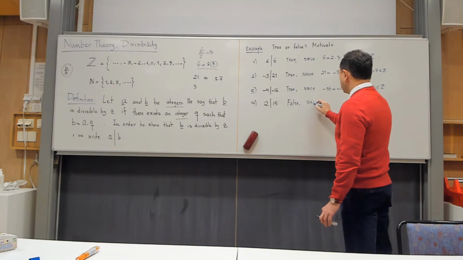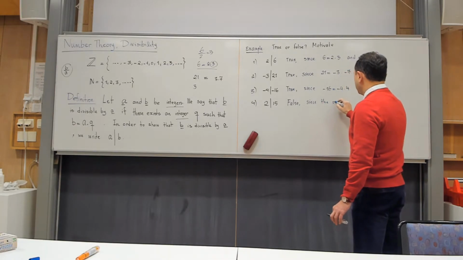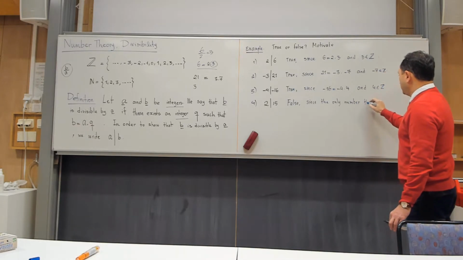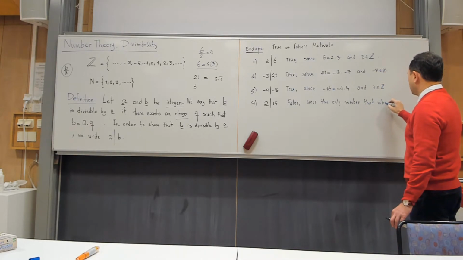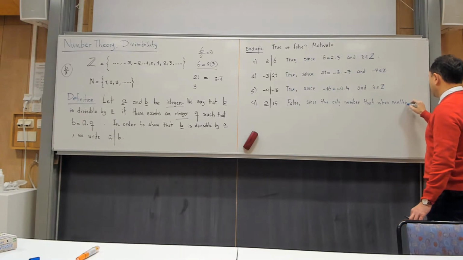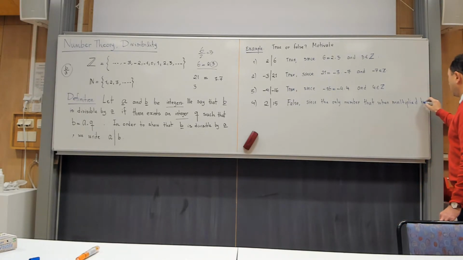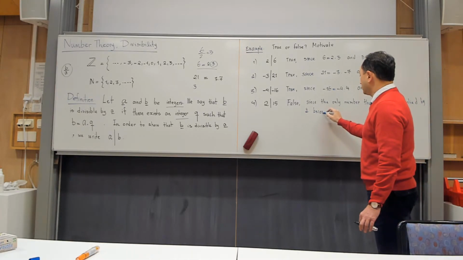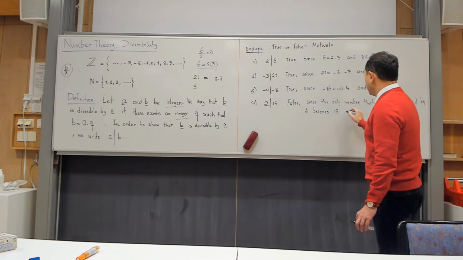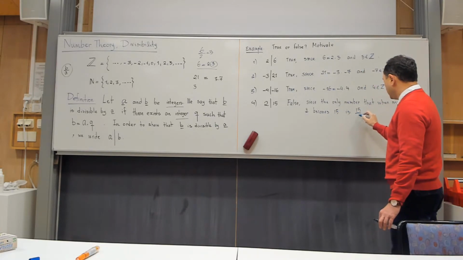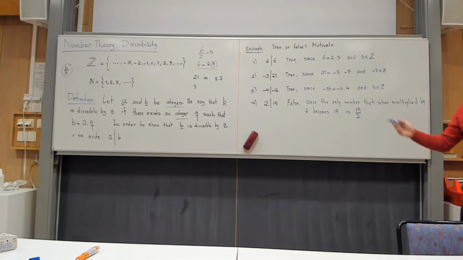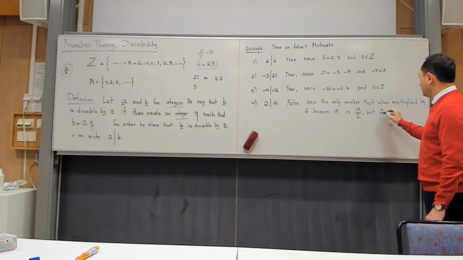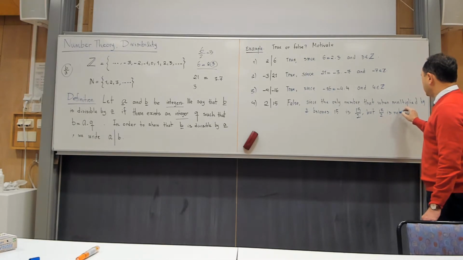Since the only number that when multiplied by 2 becomes 15 is 15 over 2, yes? But 15 over 2 is not an integer.